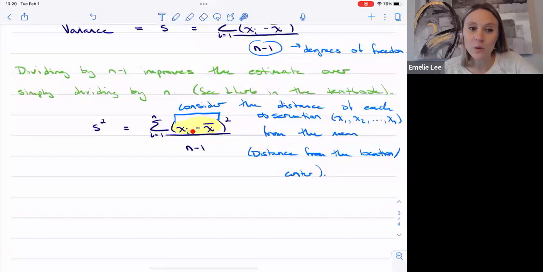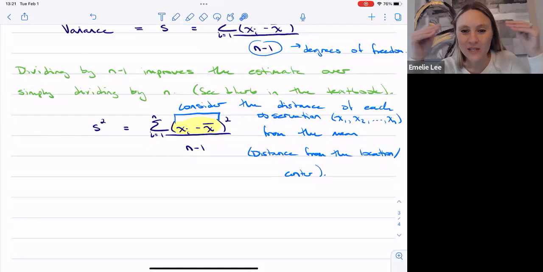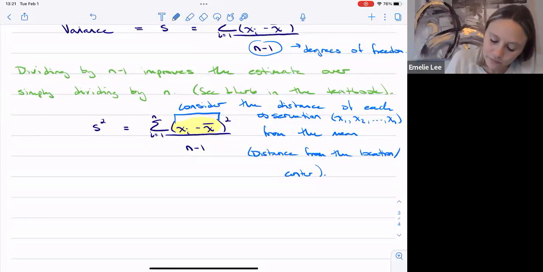And then what we do is, if we're summing all these up from 1 to n, then we're going to have negative distances and we're going to have positive distances. And so to avoid those canceling each other out, we square them. Okay.